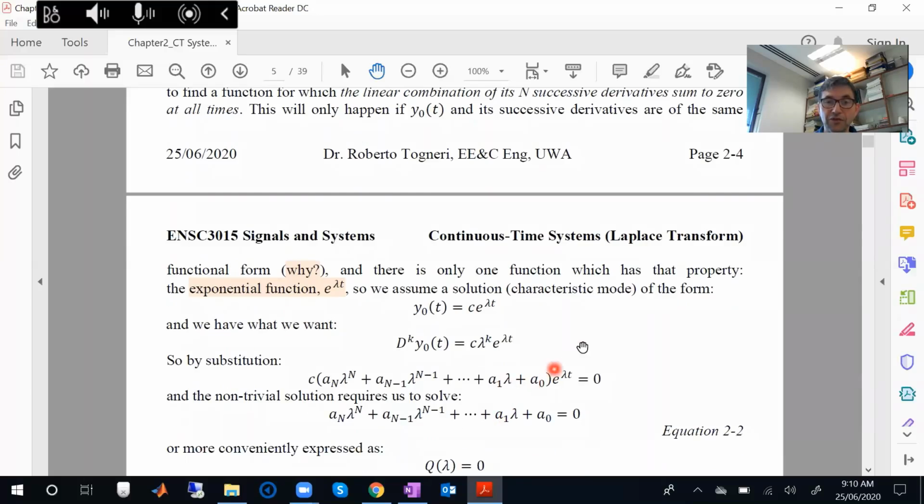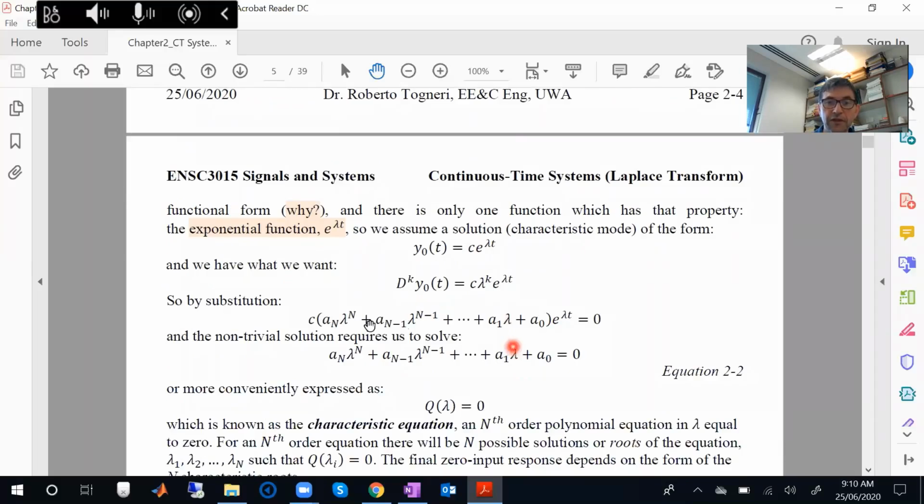So it allows you to pull that exponential function out, and you're left with a polynomial equation for which you can solve its roots. It becomes an algebraic problem. Now this equation here is known as a characteristic equation. It's characteristic because it characterizes the system and the behavior of the system not due to an input, because this side here is equal to 0.